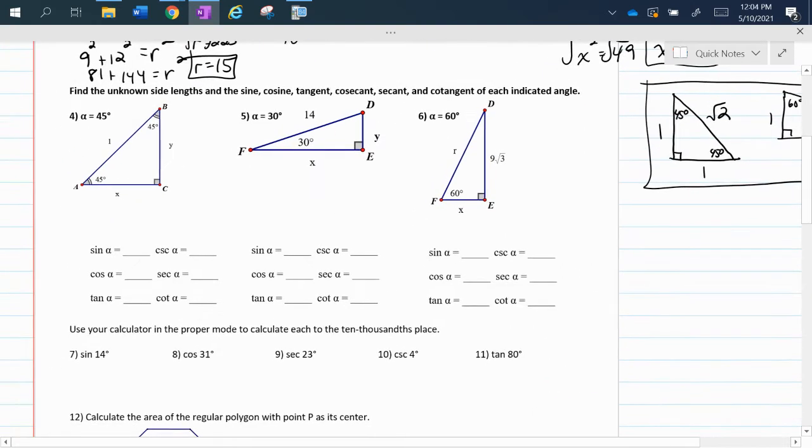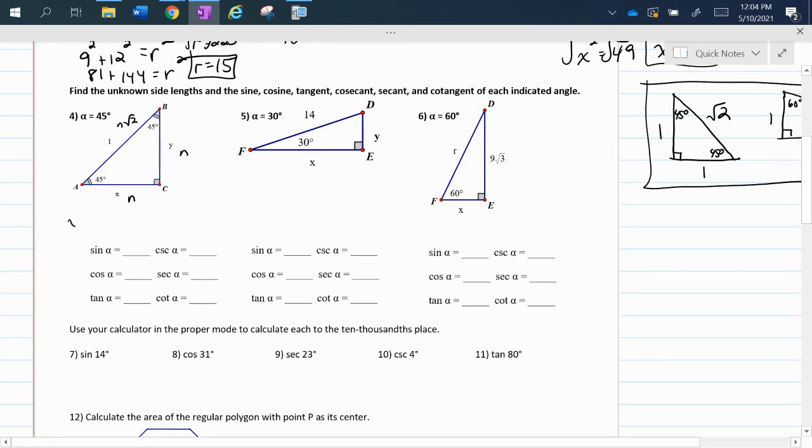So I'm going to go back to number 4, and I see that the hypotenuse is 1, and I need to find x and y. So 1, that's my 1. Remember, that's my n, and that's my n square root of 2.